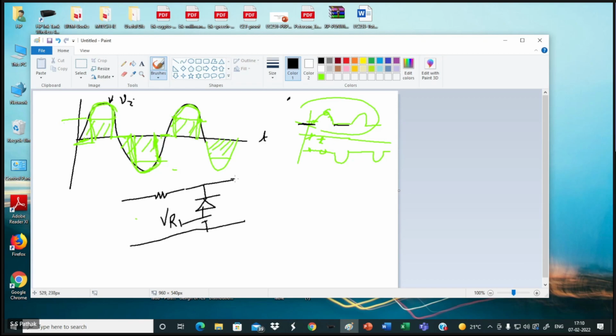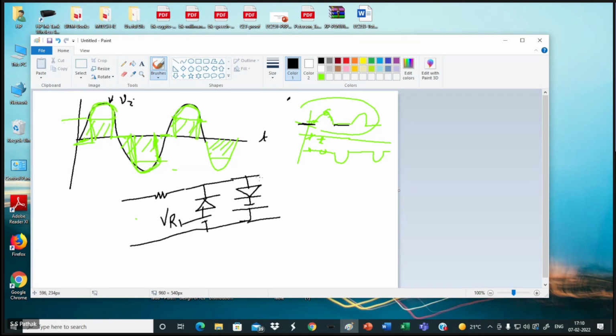Now the second direction also I want to clip. This diode also will be inverted, but battery supply is same as previous one. Here also it is negative, it is positive. There this diode is inverted, batteries remain the same, positive and negative. Here diode is inverted, battery remains negative here, like that.